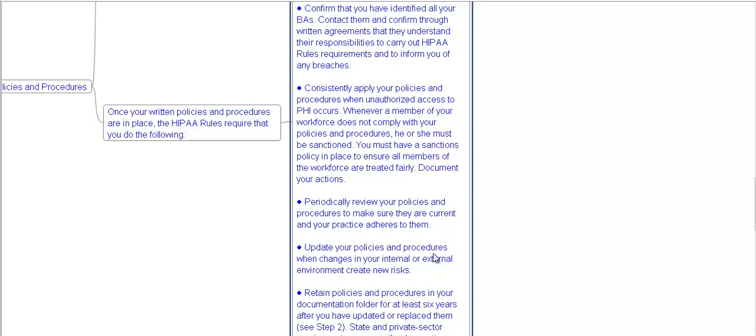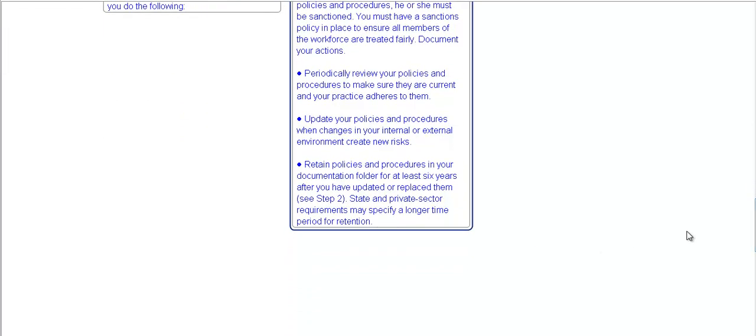Update your policies and procedures when changes in your internal or external environment create new risk. Retain policies and procedures in your documentation folder for at least 6 years after you have updated or replaced them. State and private sector requirements may specify a longer time period for retention.